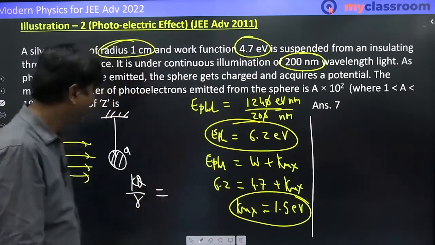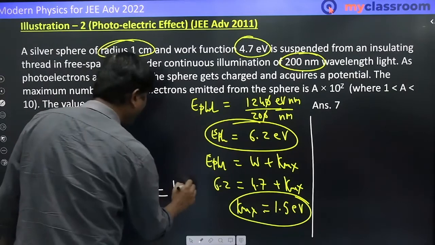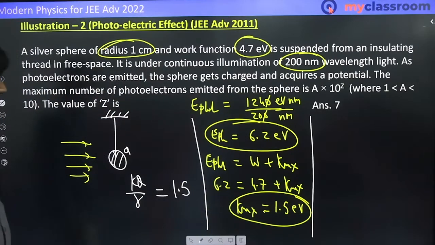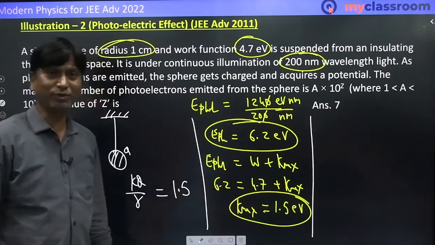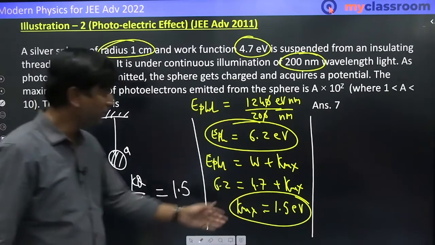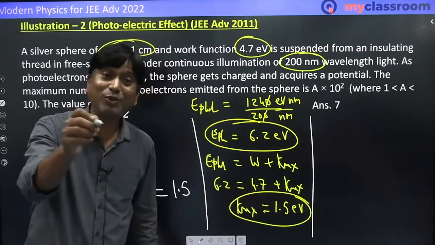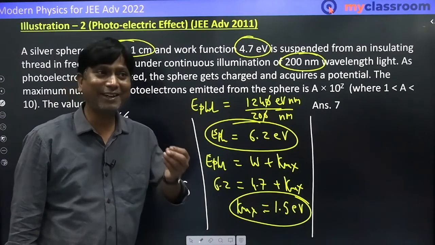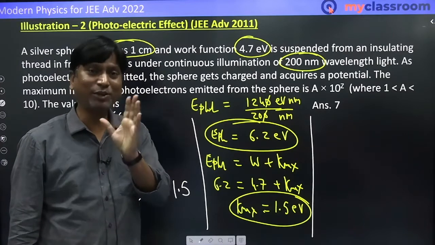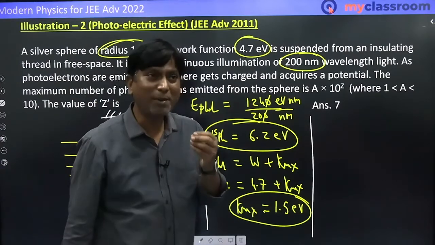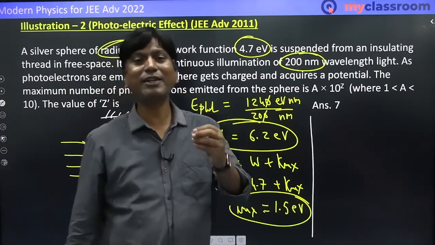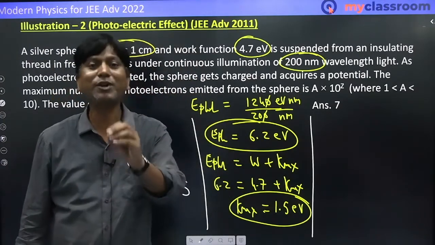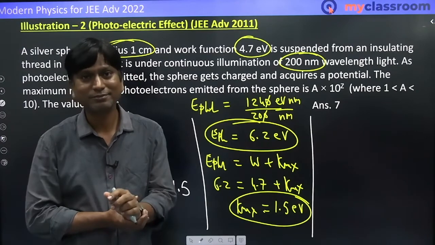So that is why this stopping potential is simply 1.5 volts. It is acting as a stopping potential of 1.5 volts because it will stop the 1.5 electron volts kinetic energy of the electron. Simply put, to stop an electron having a kinetic energy of 1.5 electron volts, you need a potential difference of 1.5 volts.